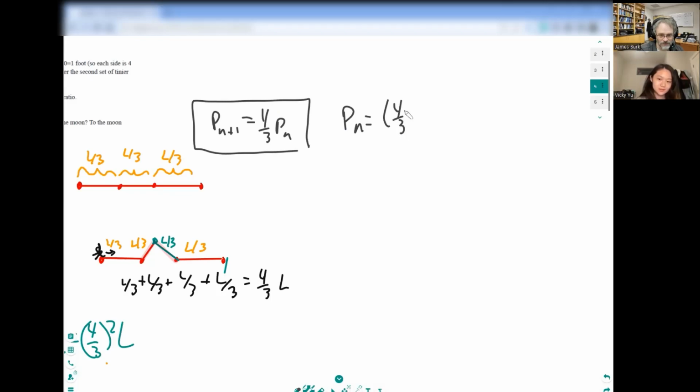What's it called? A geometric sequence. Geometric. Now, how do I know if a geometric sequence is actually going to converge? The thing that I'm powering up, it better be less than 1 in magnitude.